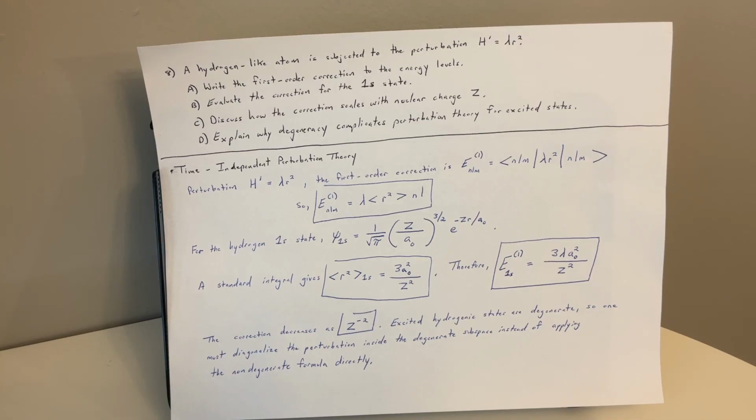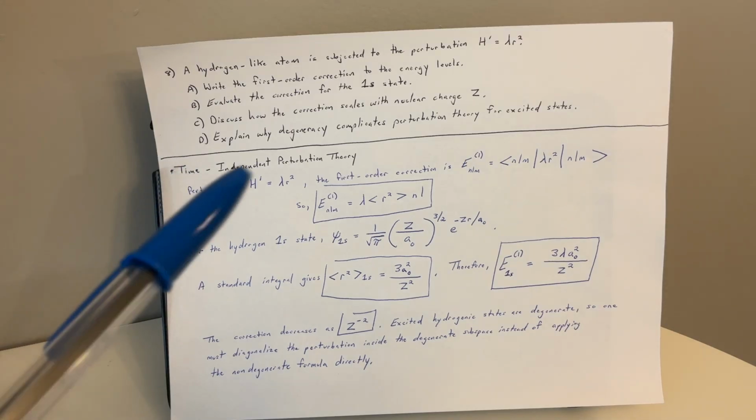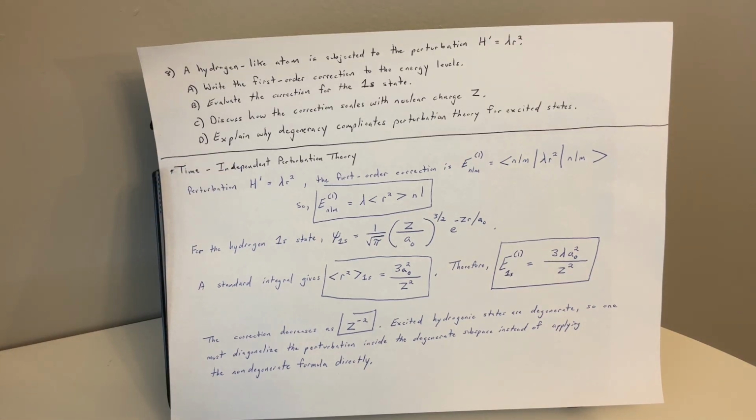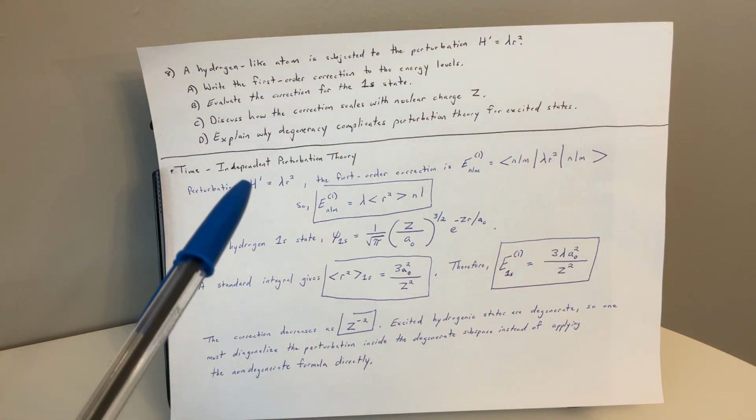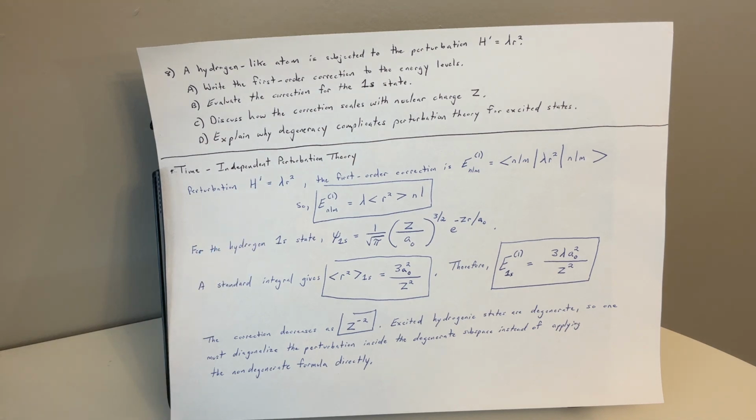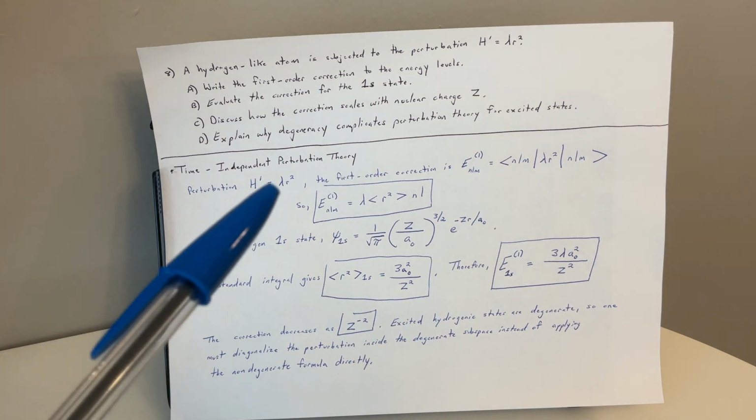Part C, discuss how the correction scales with nuclear charge Z. And D, explain why degeneracy complicates perturbation theory for excited states. So this is a time-independent perturbation theory problem. Here the perturbation H prime is equal to lambda r squared.